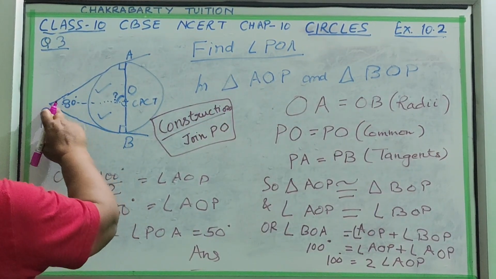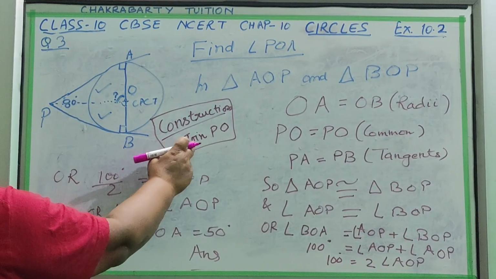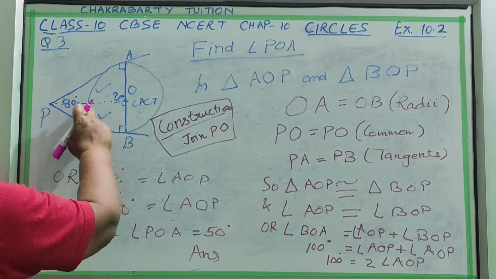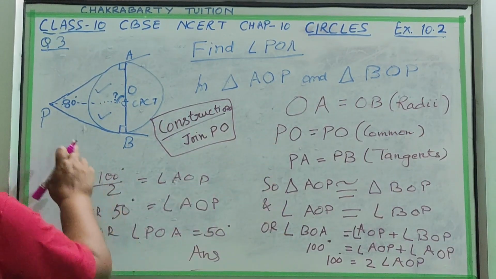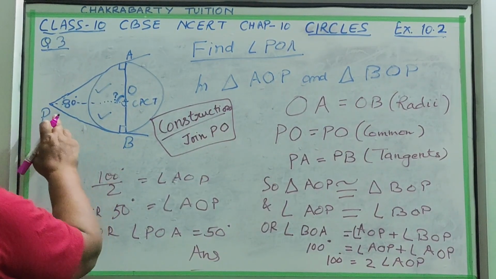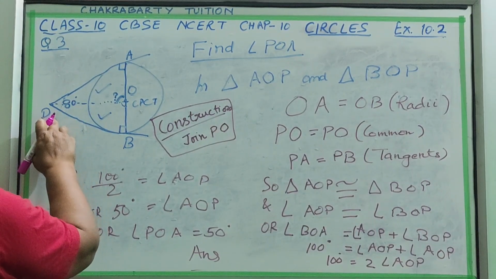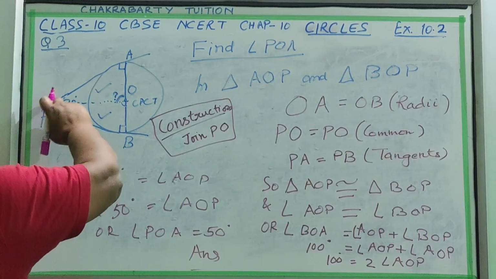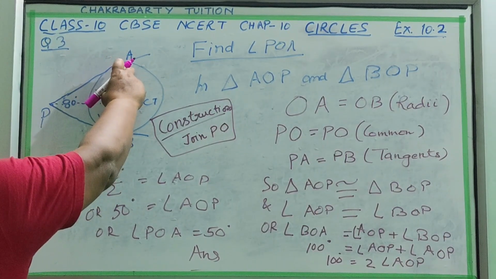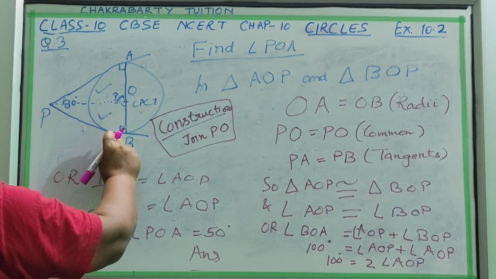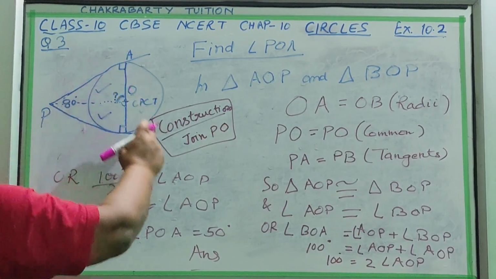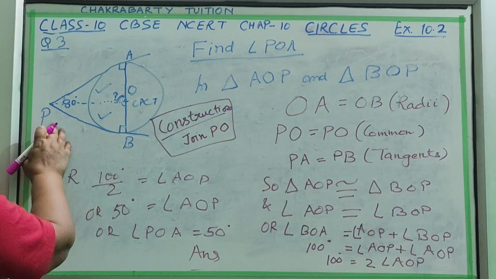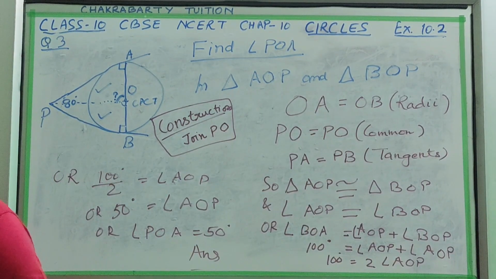Then we make a construction and join PO. The line PO is common to both triangles. And PA and PB: what I have told you previously, if two tangents are drawn from any point, the lengths from that point to the points of contact will always be equal. So PB will be equal to PA because these are tangents from the outside point P to the same circle.